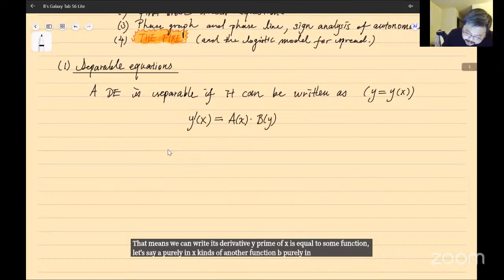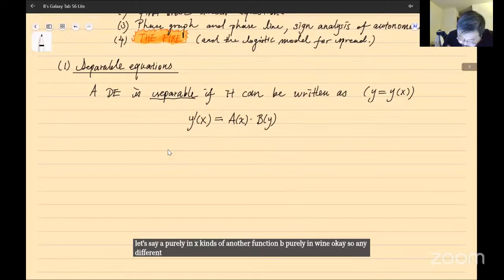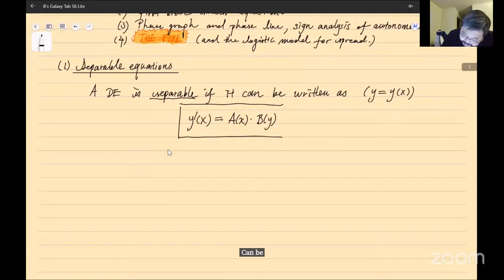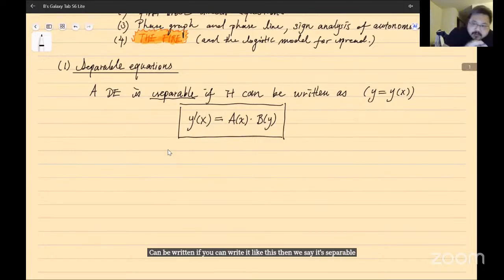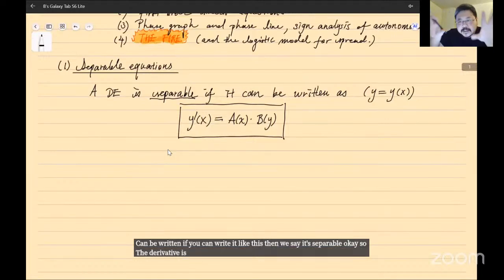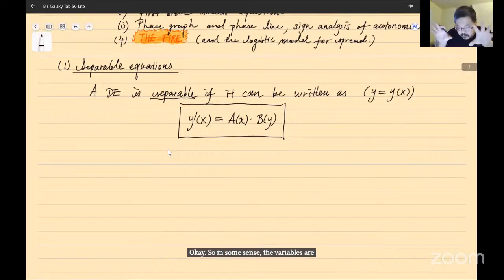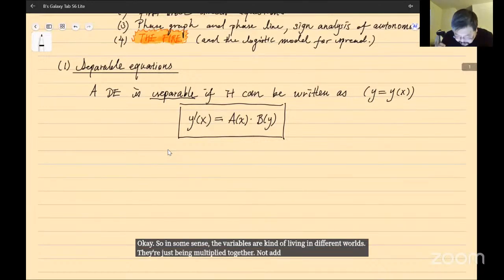If you can write a first order differential equation like this, then we say it's separable. The derivative is a product of two functions, one purely in x, one purely in y. In some sense, the variables are living in different worlds. They're just being multiplied together, not added, multiplied.